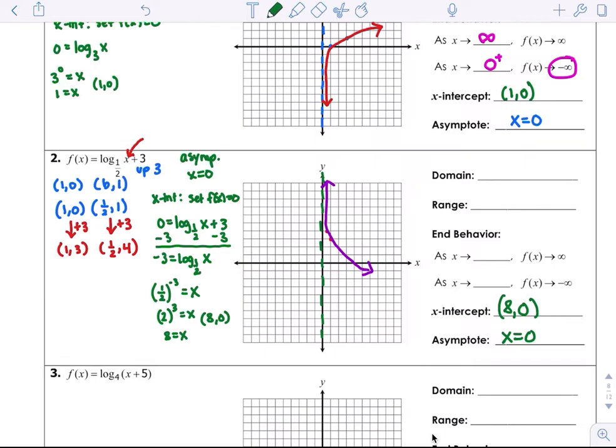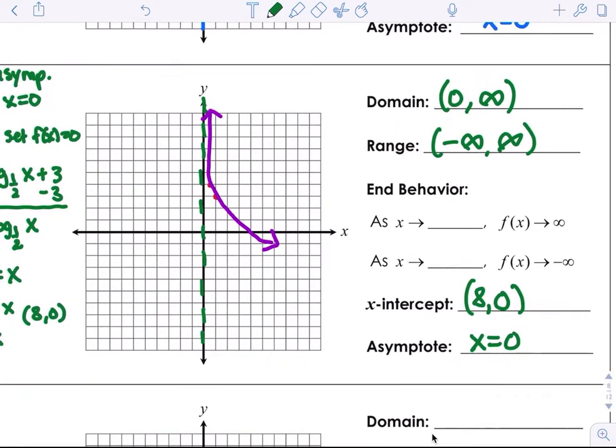All right, domain: how far left does this graph go? Oh, sorry. It goes to 0. How far right? Positive infinity. Range is always going to be negative infinity to infinity. All right, end behavior.